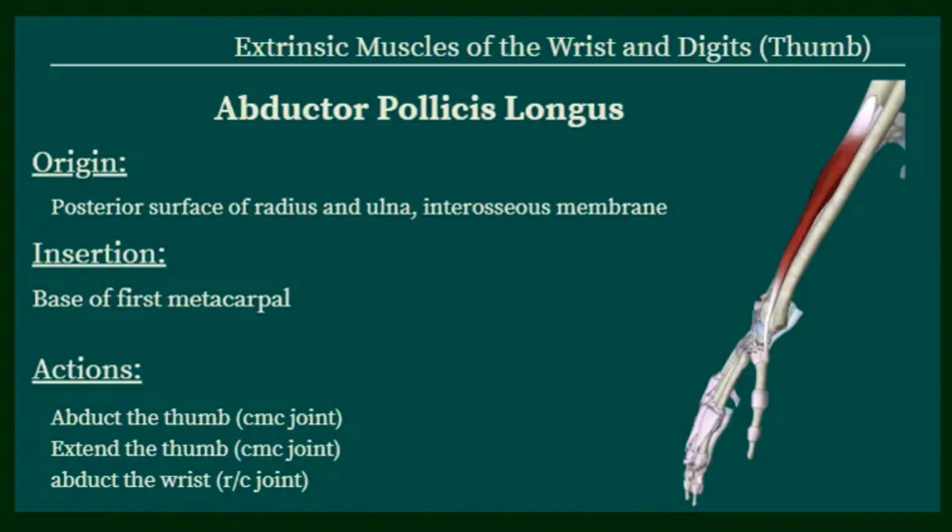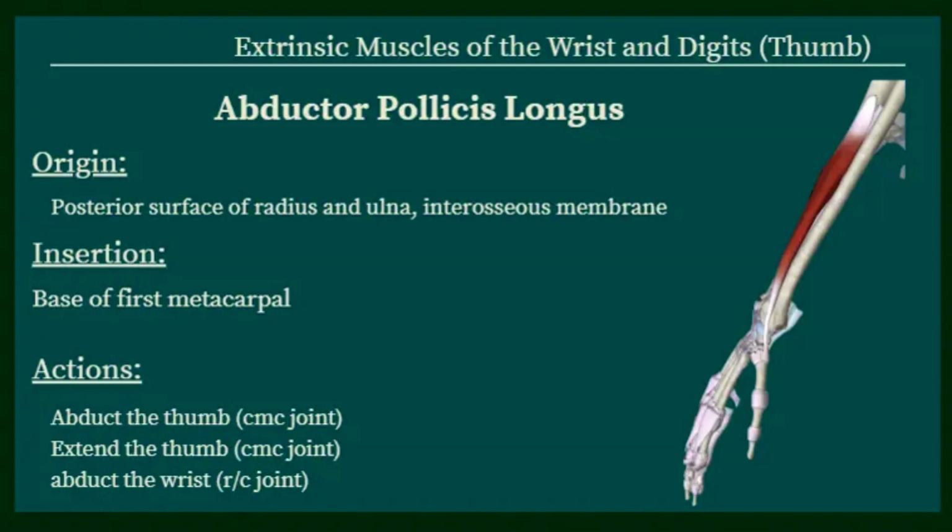Okay, abductor pollicis longus. Remember, abduction is going away this way. So it starts at the posterior surface of the radius and ulna, and the interosseous membrane, and it goes to the base of the first metacarpal.